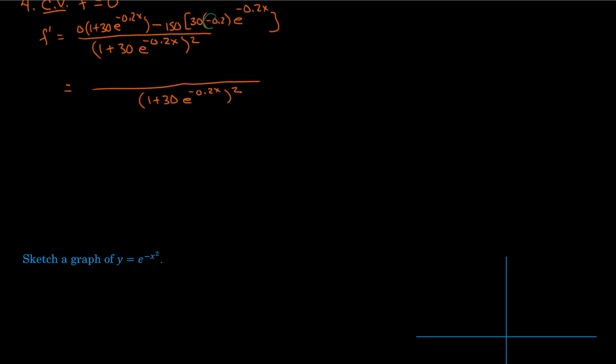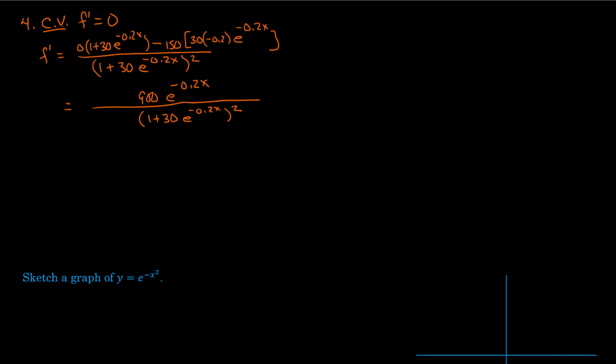In the second term, I have a negative times a negative, so that's going to be positive. Okay, so what I'm going to wind up with is I'm going to take the 0.2 times the 150. 0.2 times 150 is going to give me 30 times the 30 that we already have, so that's going to be 900 e to the negative 0.2x.